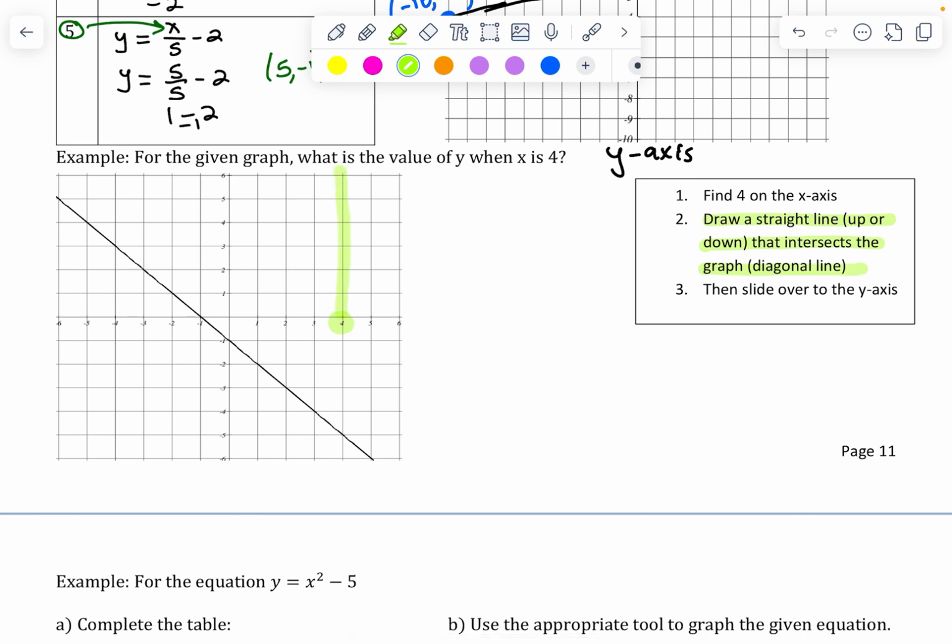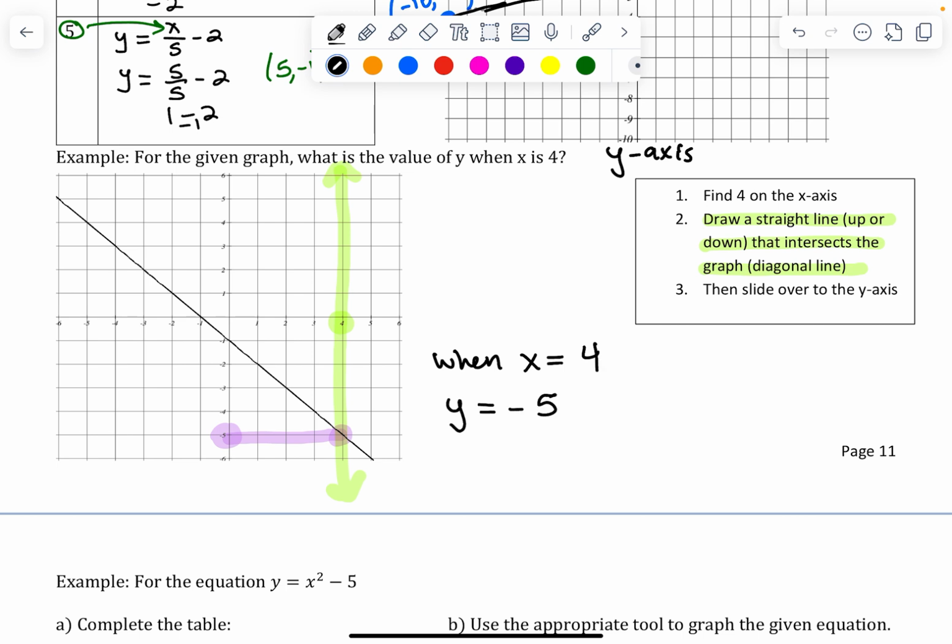So if we draw a line up and down through that, that shows us that we have an intersection point. Then at this intersection point, we're going to slide over to the y-axis, and that's going to show us our y value. So when x equals 4, we get y equals negative 5.